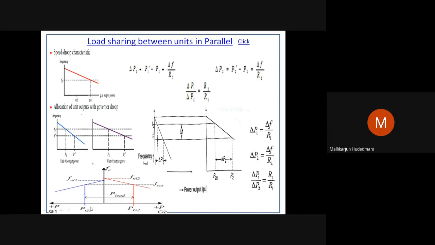That output I have to calculate like this. So this is how a common diagram for machine 1 and machine 2 is also used to present. But here we have drawn two separate curves, and you draw a horizontal line to intersect here for our understanding. So this way or this way, whenever you find it, it is called load sharing between parallel units. This would be the outcome of that.